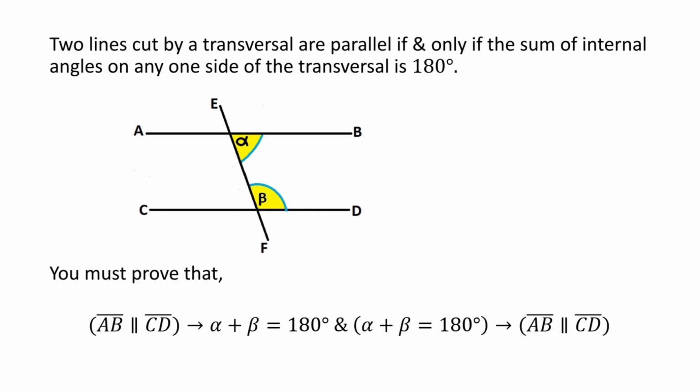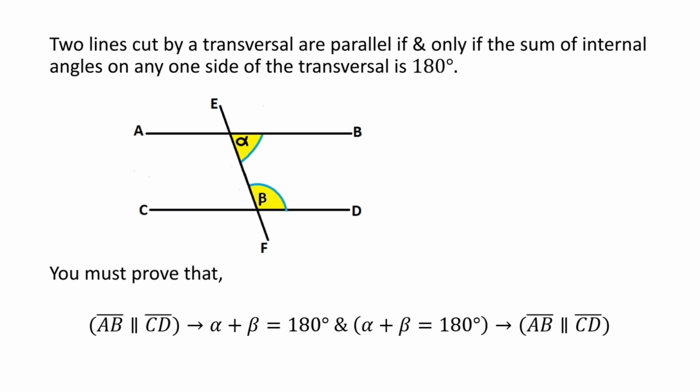For example, you are asked to prove two lines cut by a transversal are parallel if and only if the sum of internal angles on any one side of the transversal is 180 degrees. The image shows two lines AB and CD cut by the transversal EF, and alpha and beta, the two internal angles on the right side of the transversal.